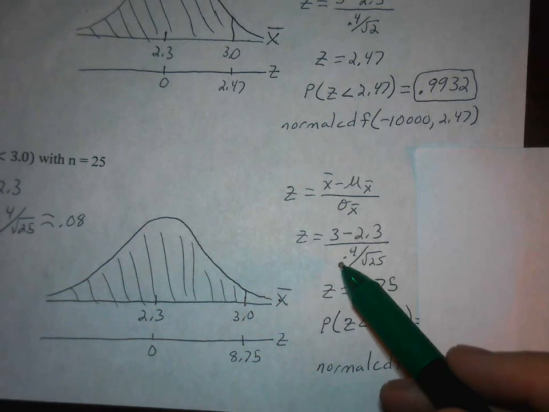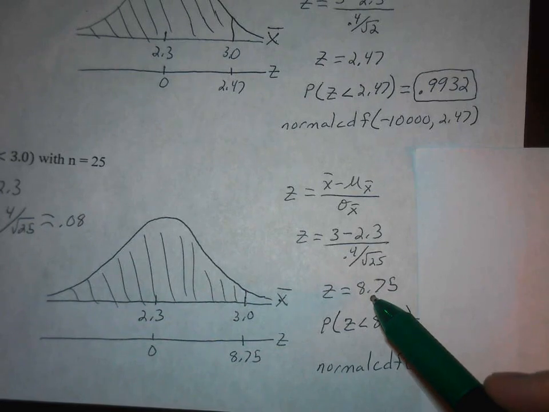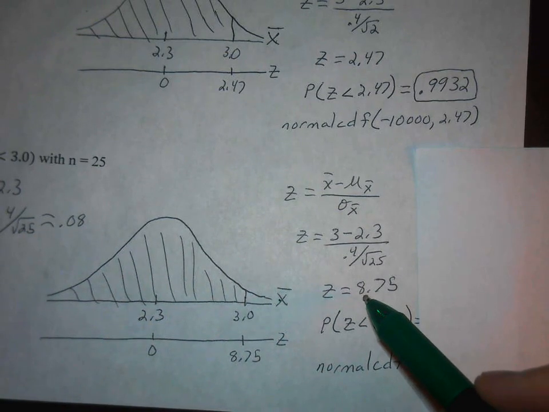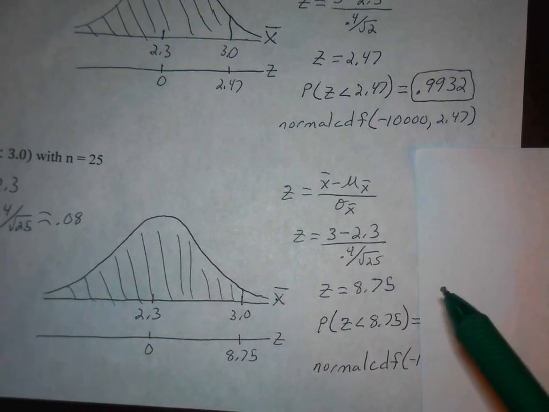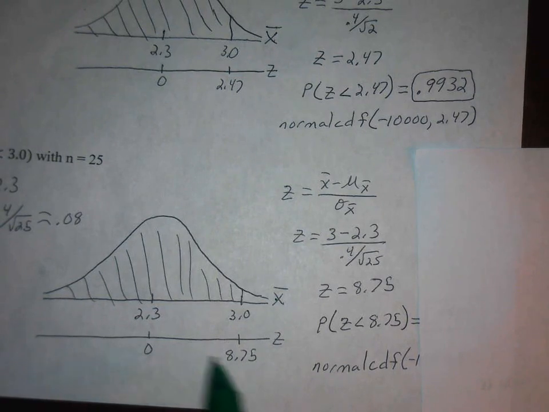So because our sigma sub x bar is a smaller number, our answer is going to be larger now when you divide. So now we're dividing 0.7 by a smaller number, makes our answer larger. So now that sample mean of 3.0 is 8.75 standard deviations above the mean in this x bar distribution.